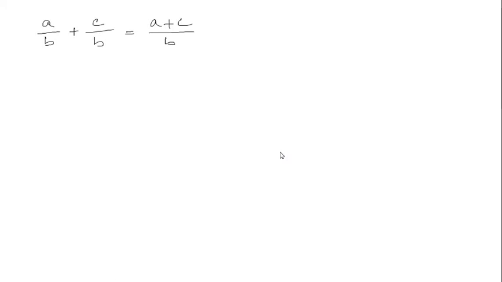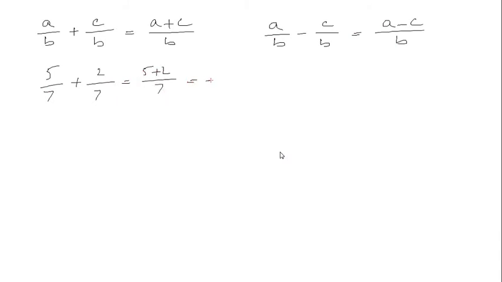The same thing goes for subtraction. a over b minus c over b is a minus c over b. So you're just subtracting c from a and you use the same common denominator. For example, if you have 5 over 7 plus 2 over 7, this is 5 plus 2 over 7, 7 over 7, which is 1.